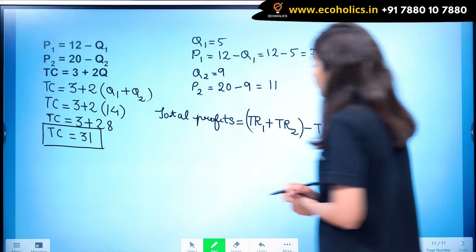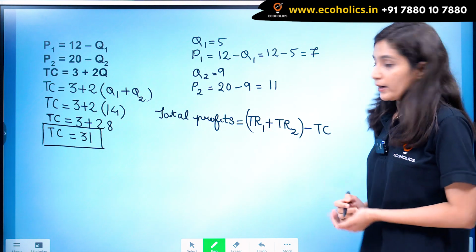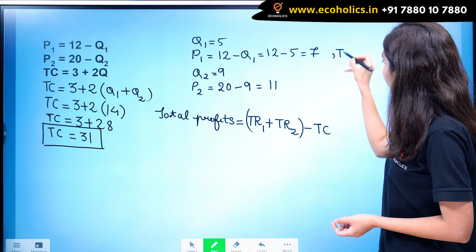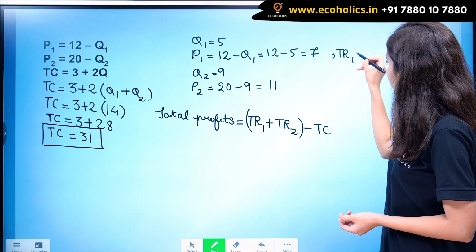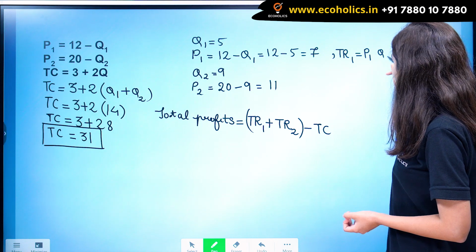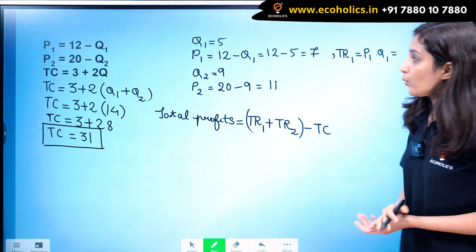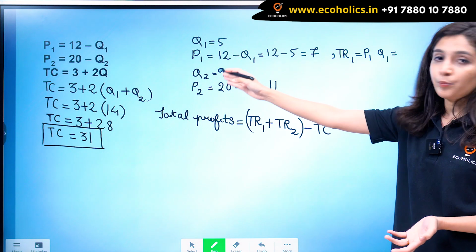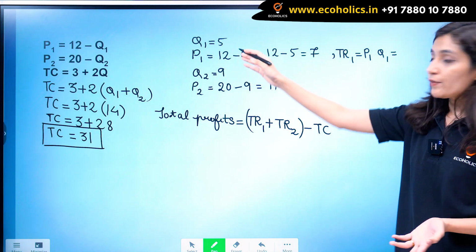Now, we need to find total revenue in the first market. So, total revenue in the first market will be P1 into Q1. We have Q1 as 5 and P1 as 7. So, 7 fives are 35.